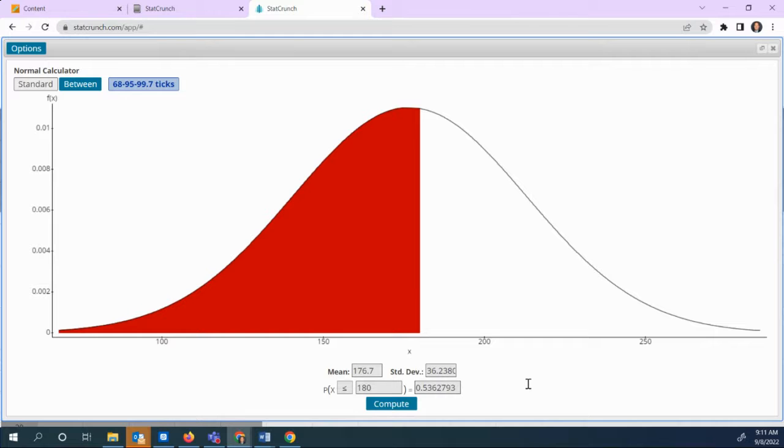I don't recommend using this method because in chapter 6, we're going to start using the central limit theorem. So instead of looking at one piece of data, we're going to look at the average of a group, and the size of that group matters, which will then affect the standard error. And you can't just type it right into here. You have to use a z-score.